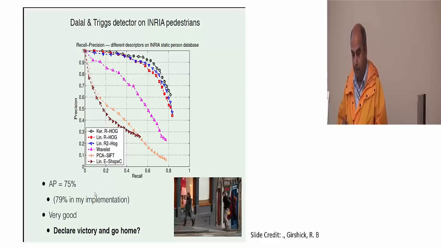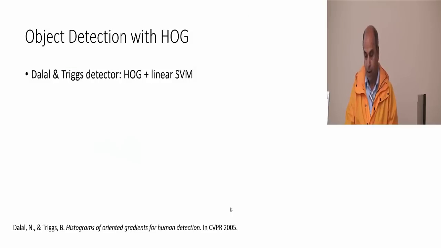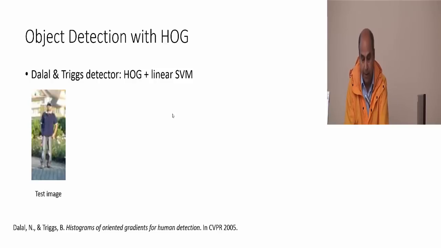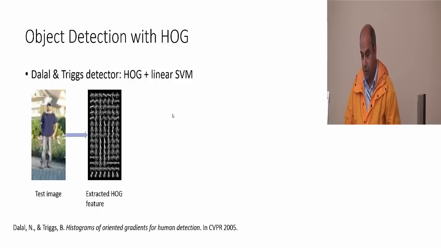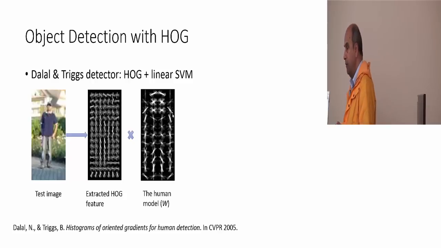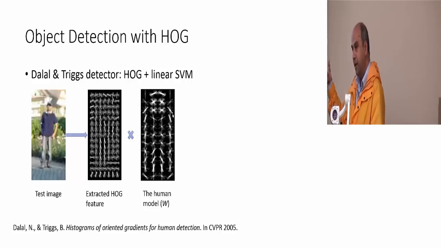Okay, but we'll have problems with this kind of person, humans, because of different poses. So, object detection with HOG. Again, a review: HOG is a feature. The linear SVM is a classifier. You take a test image, you extract the HOG features, and then you have a model which you have learned from your SVM, which is a W. W can be treated as also a filter.